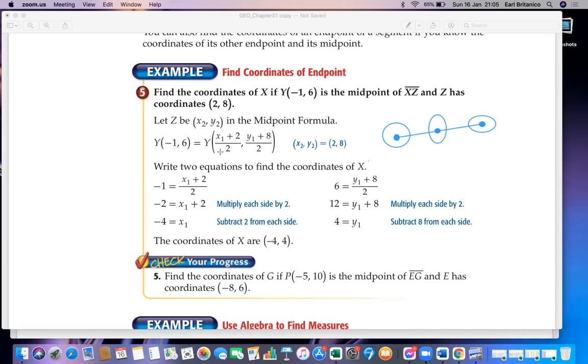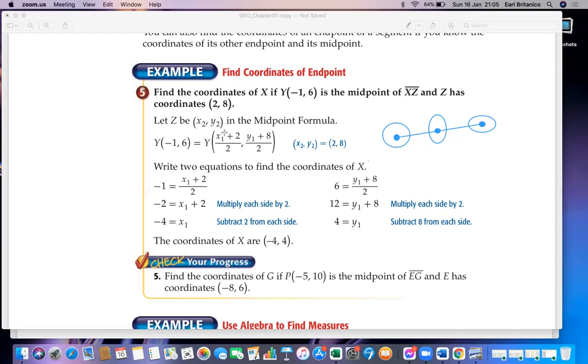So this x is equal to negative 1. Remember to be careful: why negative 1 and 6? Because that's the one representing the midpoint of xz. So whatever point is given as the midpoint goes to this side.